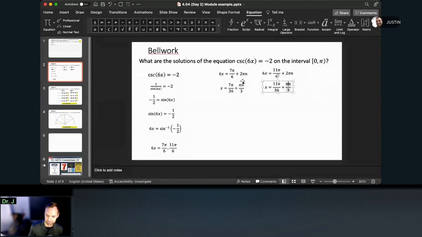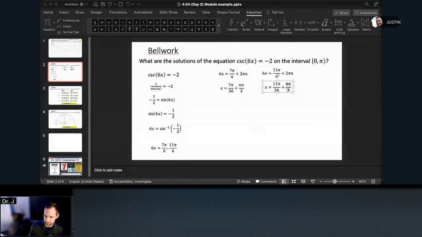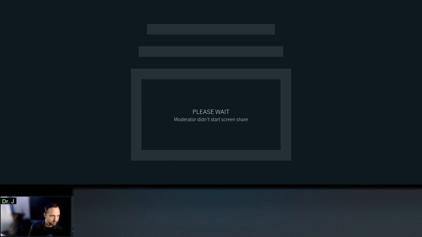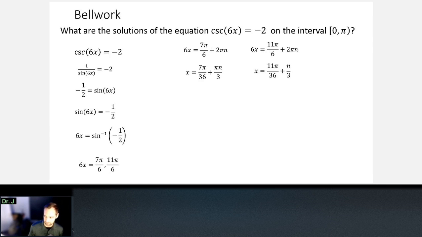Yeah, anyway. But yeah, there is a pi in front. Hopefully it's going to be the same way on the next page, because I probably just copied and pasted it. I don't remember.